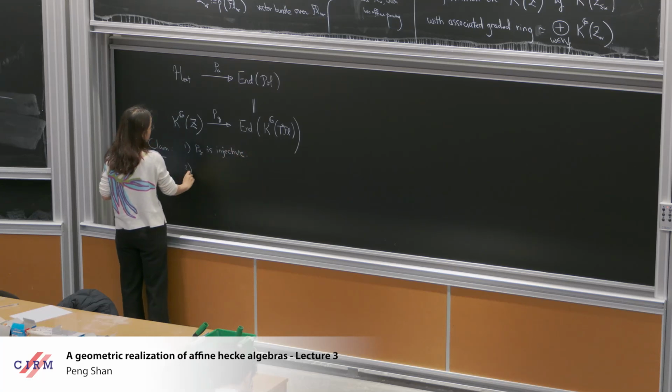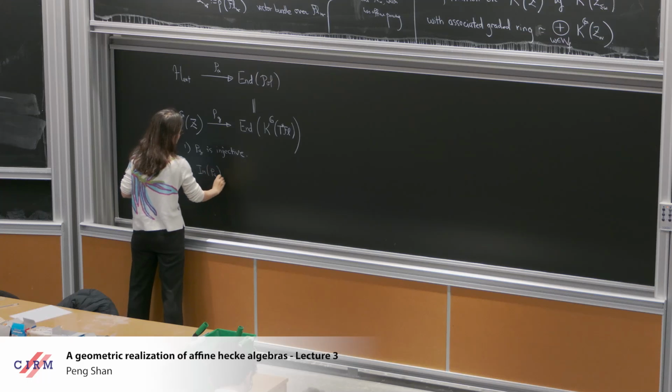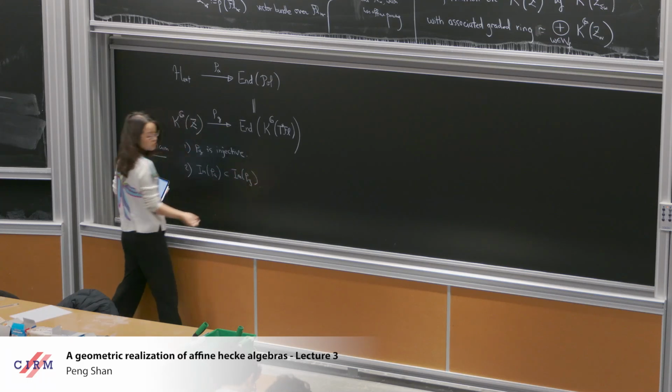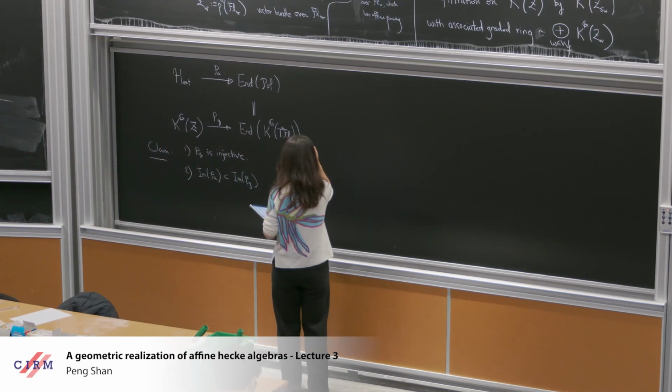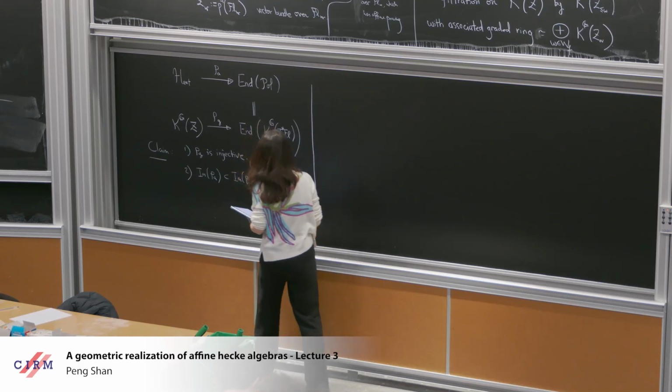And second, image of rho A belongs to the image of rho G. Okay. And we can do all of that through localization.